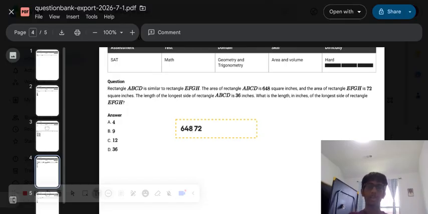So 648 is just some number times the area of EFGH. And remember, if it has X and Y, then the length of ABCD would be like 2X, 2Y. Okay? So that means that it will be a multiplication of 4.